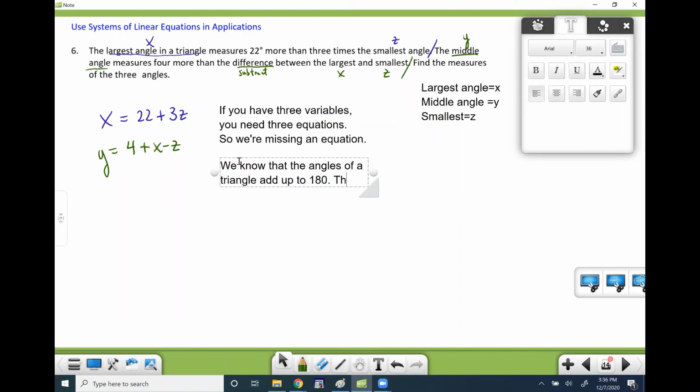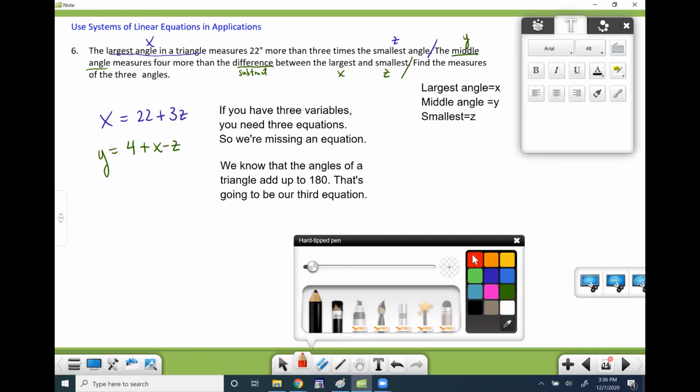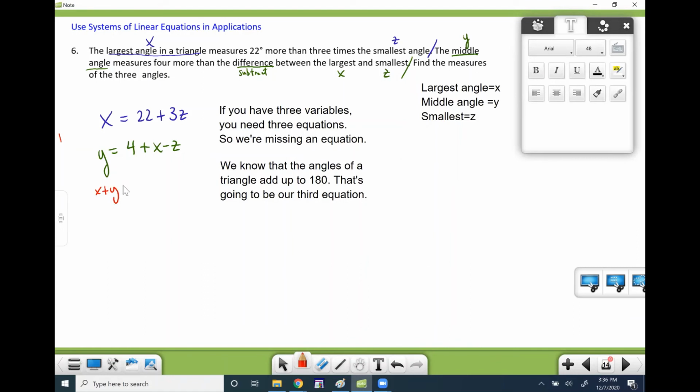That's where we're going to get our third equation. So our third equation will look something like this: x plus y plus z equals 180.